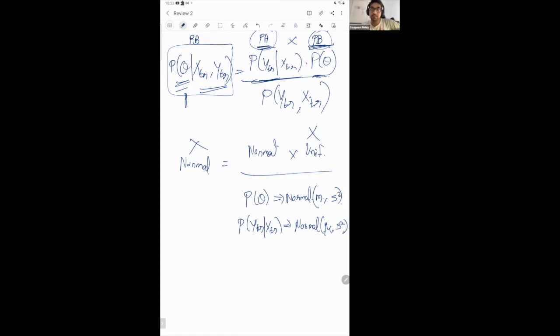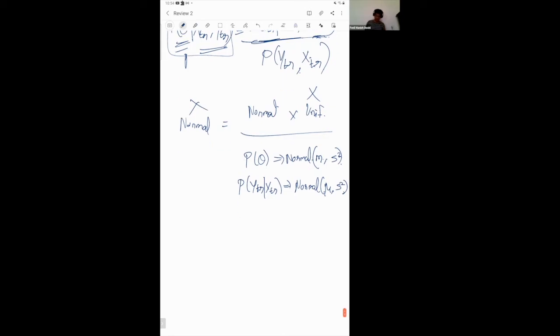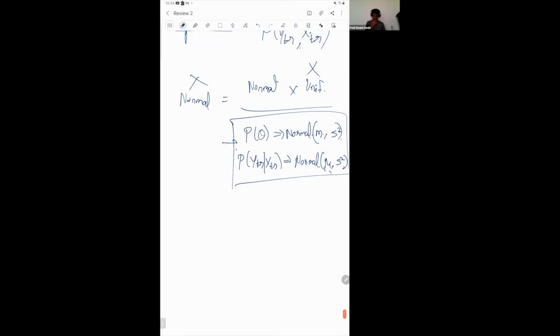I know that gamma distribution is conjugate to normal with respect to precision. So I would hold off on this example.